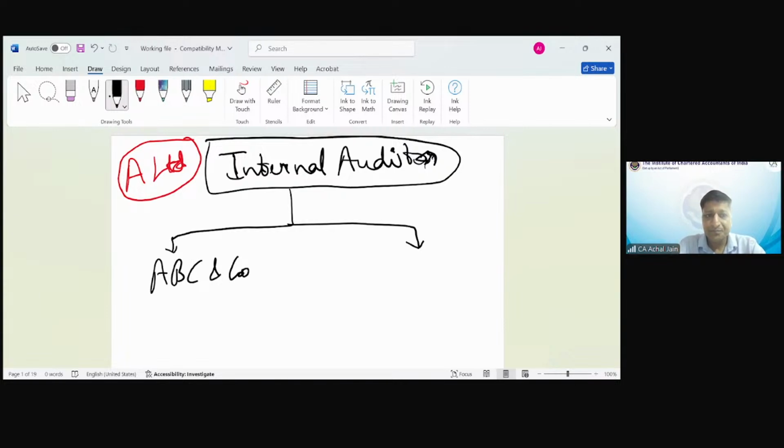So in this case, what do you call ABC and Company as? External, internal. ABC and Company is the external auditor. External doesn't mean statutory auditor. The internal auditor is a third party. So that's why it's external.